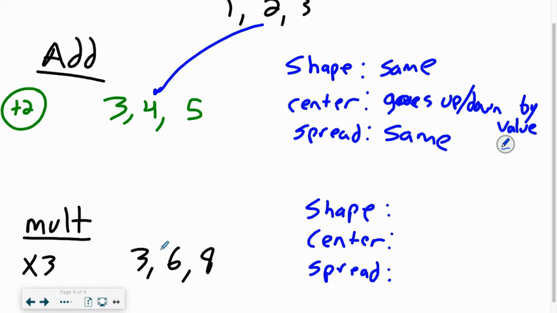The general shape is going to remain the same. So whether you add or multiply, the general shape remains the same. The center was 2, went to 6. It just changed by whatever value we multiplied it by.